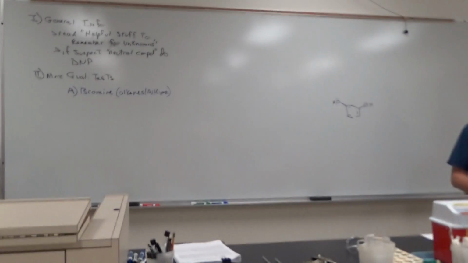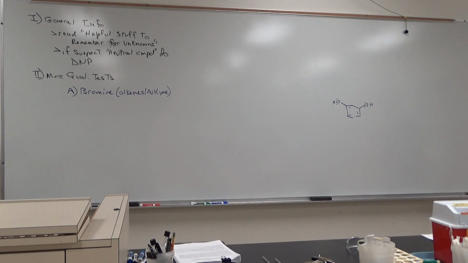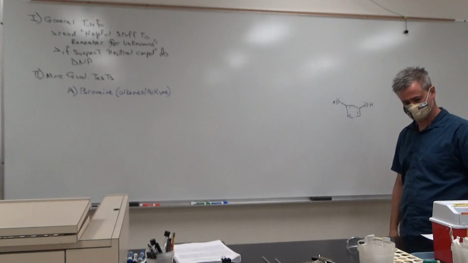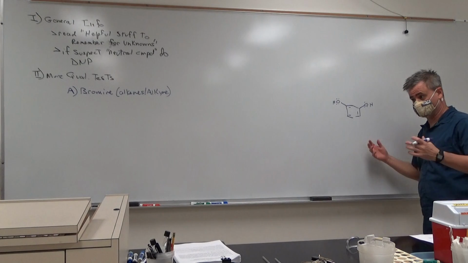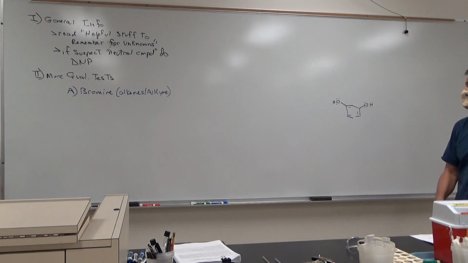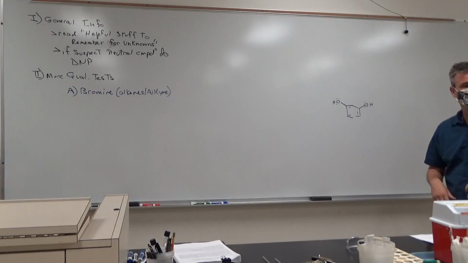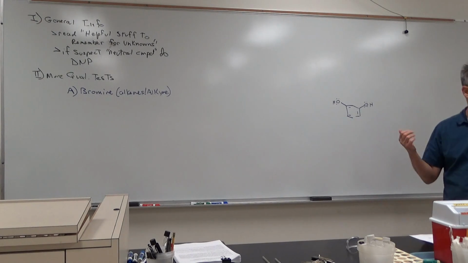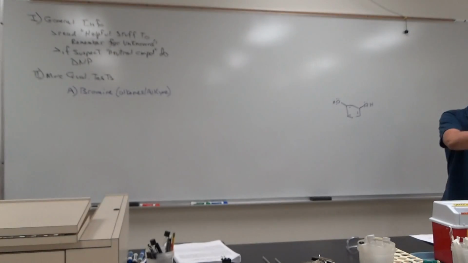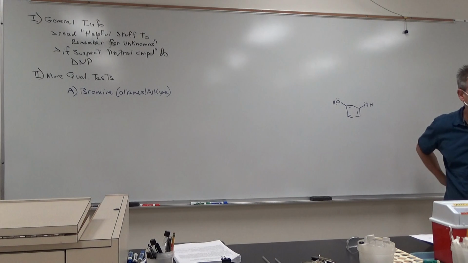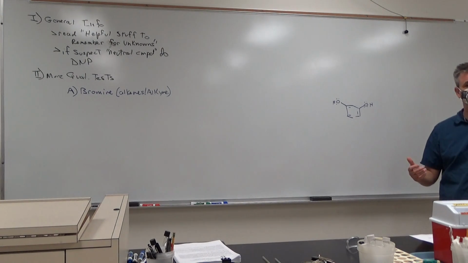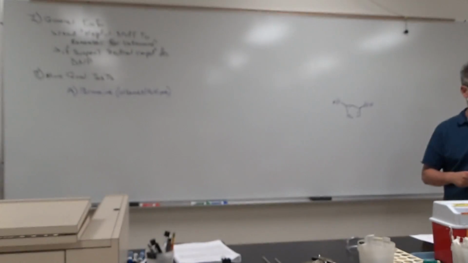Halogens are actually electron withdrawing, but that's a subtlety you don't need to get into. Even though they're ortho-para directors, they're electron withdrawing. In any case, if the color disappears, and if it turns the litmus paper red, you have some decent evidence that you have an aromatic, an activated aromatic, one with electron donating groups.